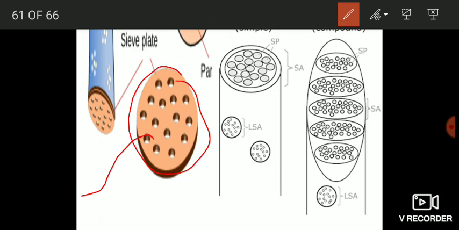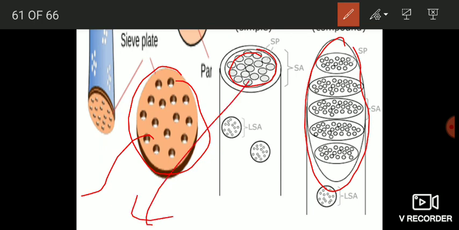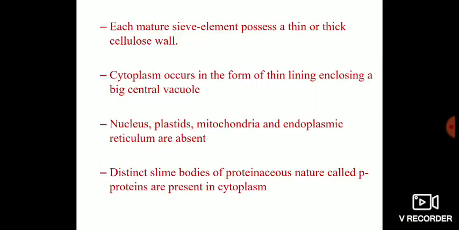A sieve plate possesses pores in it, and depending upon whether you have a single group of pores, a single sieve area, or you have a number of sieve areas, there are two types. I have already told you. This is the simple one, you have only one group of pores, and you have here a number of groups of pores. This forms the complex sieve plate.